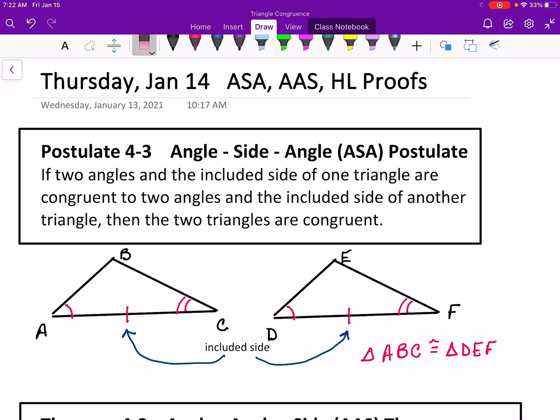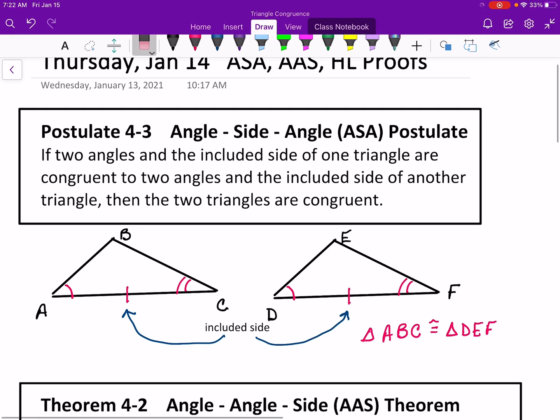So the corresponding angles have the same measure, and then that one side between the two given angles determines the size of the triangle, so it makes the two triangles congruent. So you can add the ASA postulate to your list.